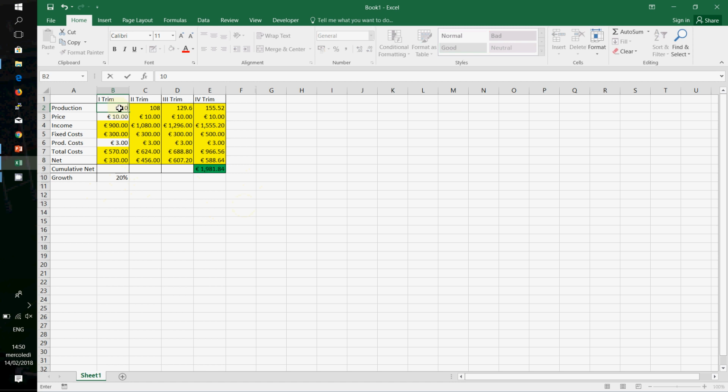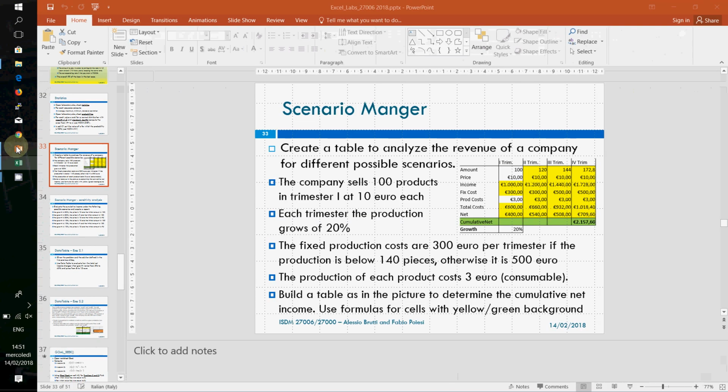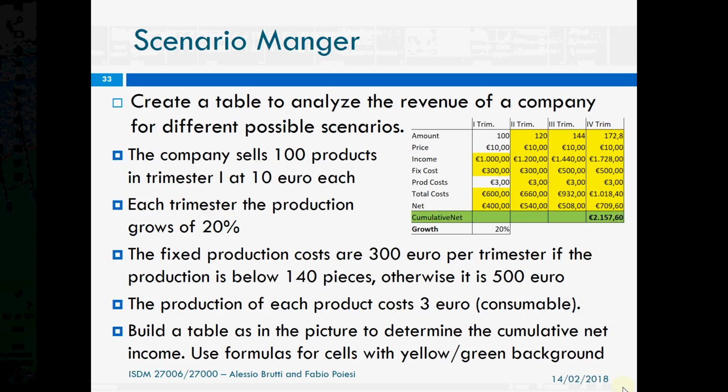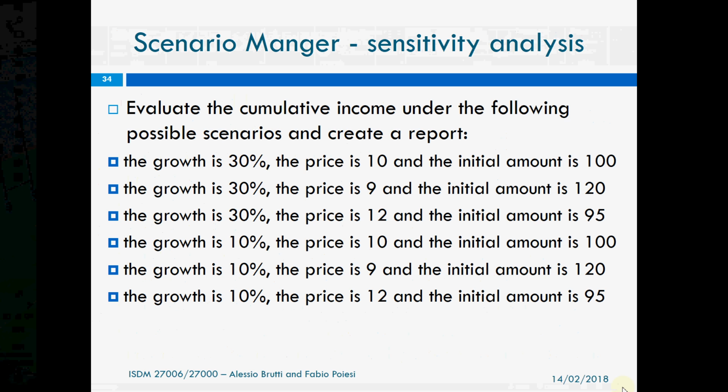So of course I can change this value and see what happens. However, changing manually is a bit complex. Excel provides us with a tool to do this in an automatic way, and this tool is the Scenario Manager.